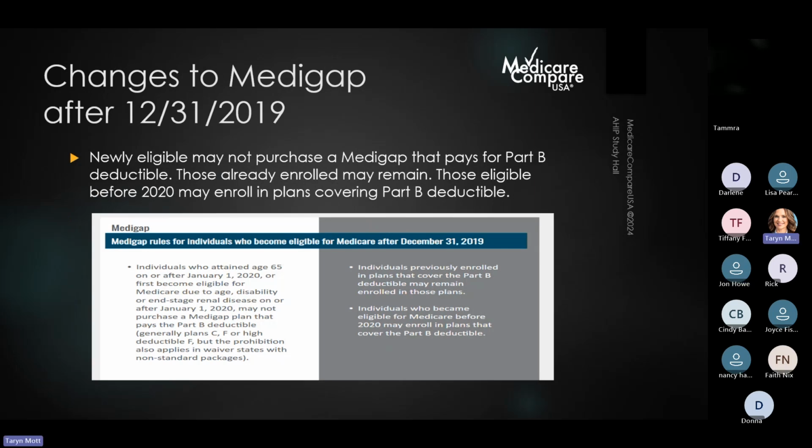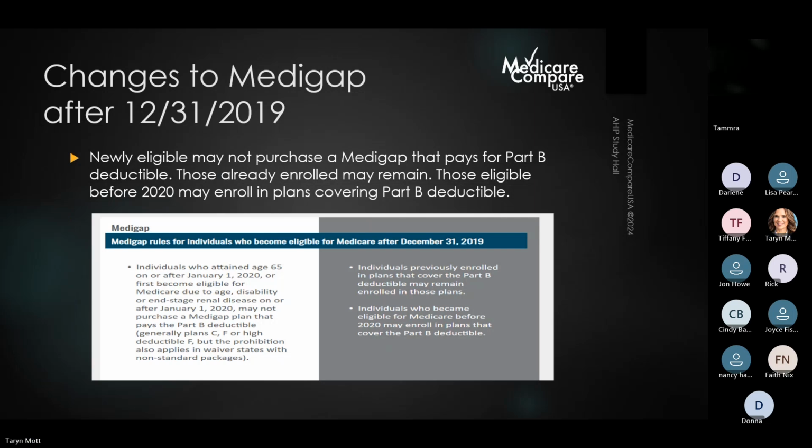Changes to the Medigap after 12/31/2019. I left this in. Newly eligible may not be able to purchase Medigap that pays for Part B deductible. Those already enrolled may remain. Those eligible before 2020 may enroll in plans covering Part B deductible.